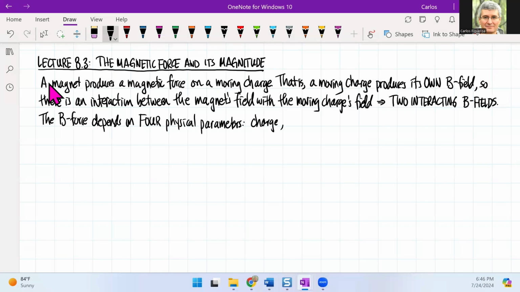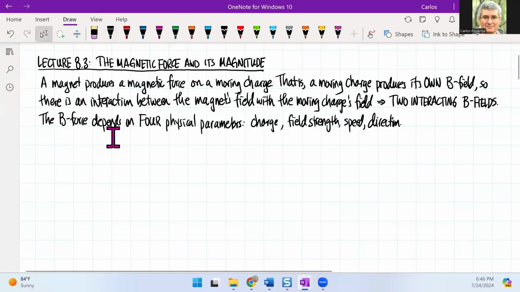It has to depend on the magnetic field, right? Or maybe the field strength. And because it's moving, it's got to depend on the velocity. So in other words, it's got to depend on not only the speed, but it has to depend on the direction. So we have to hit these. And we want to draw pictures with each of these four parameters all the time.